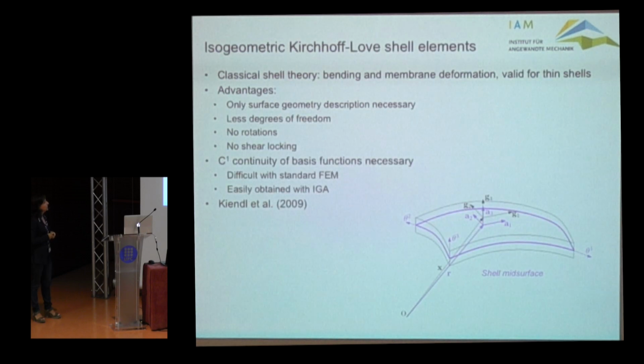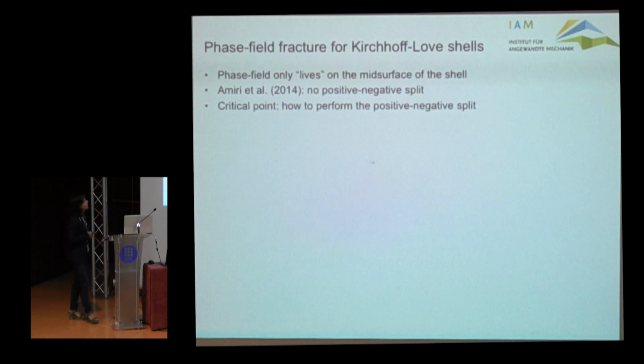So we were using isogeometric Kirchhoff-Love shells because these are very neat to use. They can be rotationless, because if you use p equal 2 at least, then you get for free the continuity requirements. So we were using the isogeometric shells by Kiendl. So what is the critical issue in this area?